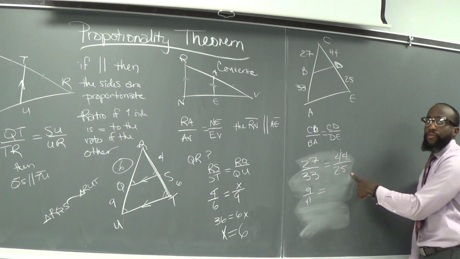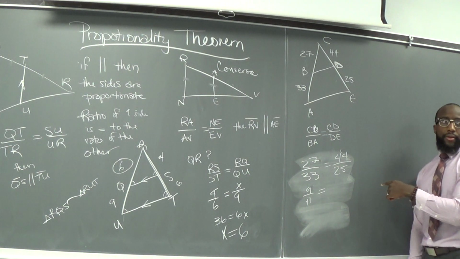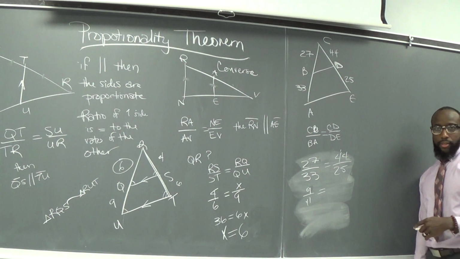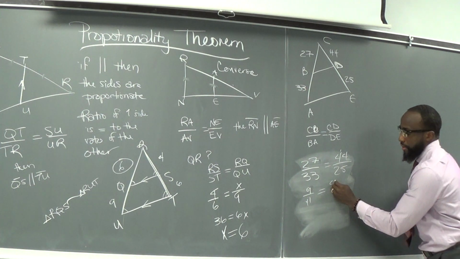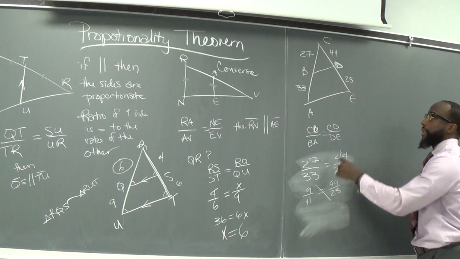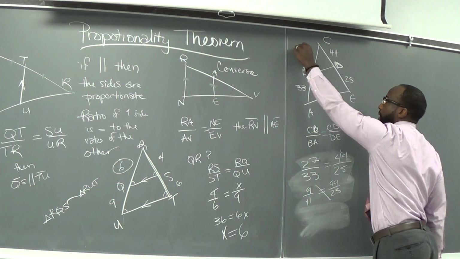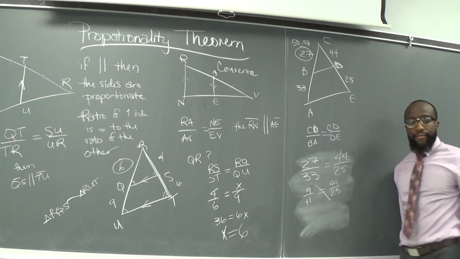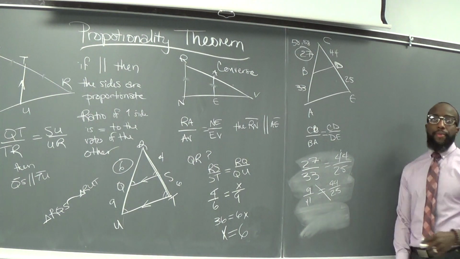And then you got 44 over 25. Can those be reduced? No. So these are not proportionate. The actual answer was going to be 58.08, like you said.